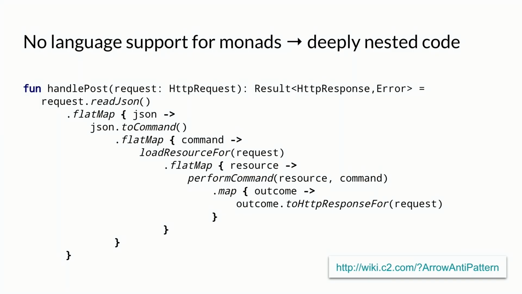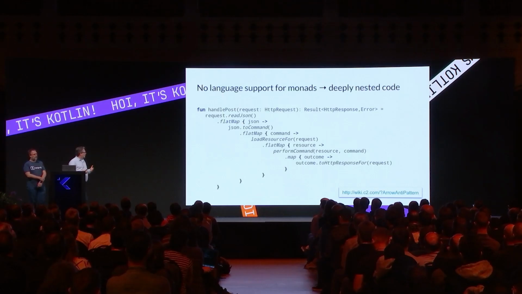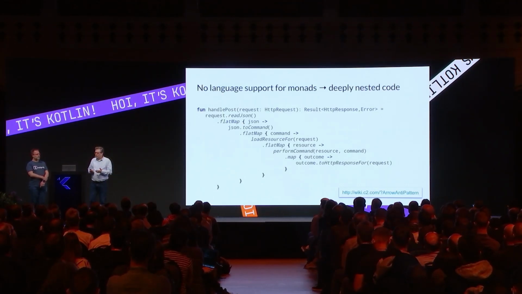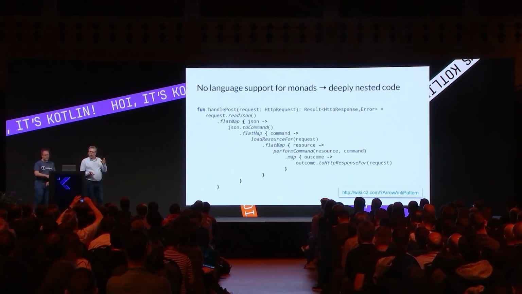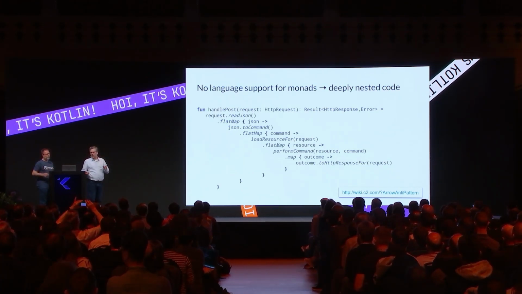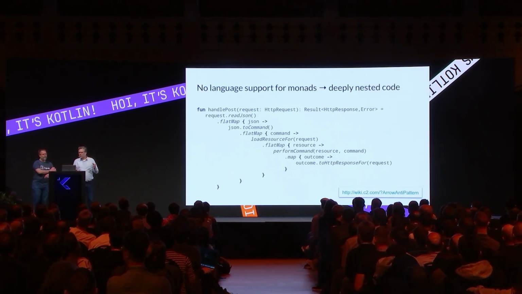And that really made our code difficult to understand. So we were looking for a solution to simplify logic where we had sequences of operations that were composed through these monadic binds. flatMap is a monadic bind. Result is a monad in functional programming terminology. We wanted a solution for that.